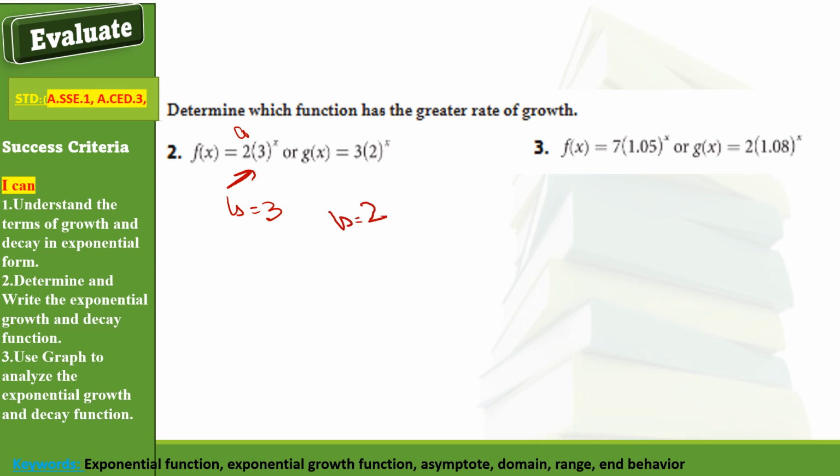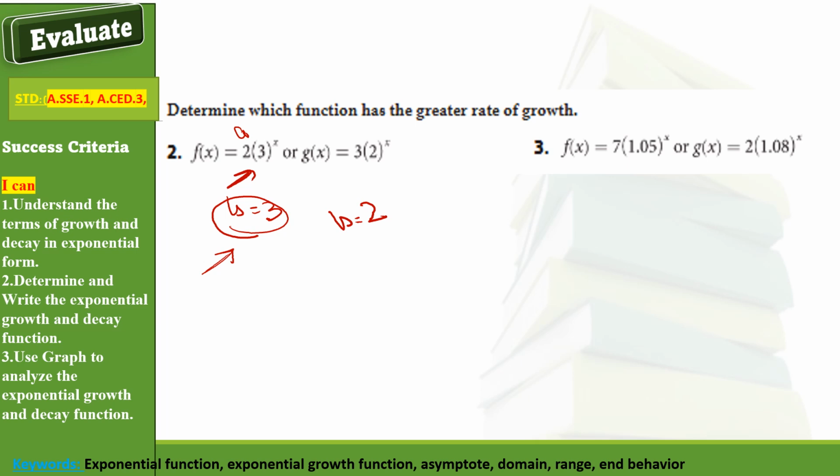Since 3 is greater than 2, this must have the greater growth rate. It means that to compare two functions, look at the value of b: the greater the value of b, the higher the rate of growth of the function.